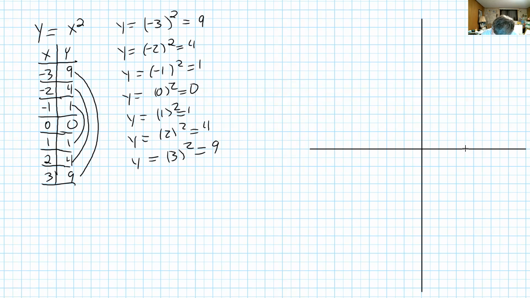Okay, now, what does our graph look like? Well, let's see here. -3, 9 is right there. -2, 4, right there. -1, 1, 0, 0, 1, 1, 2, 4, and 3, 9.